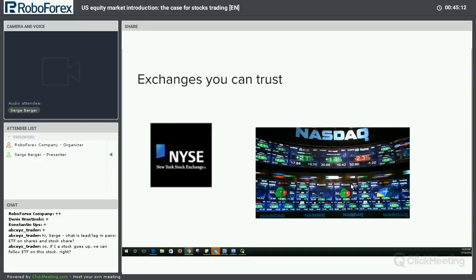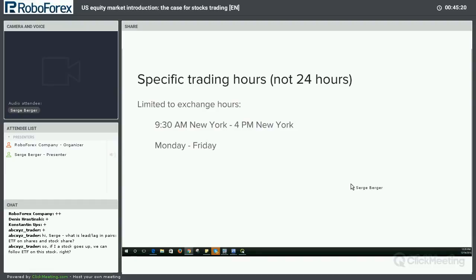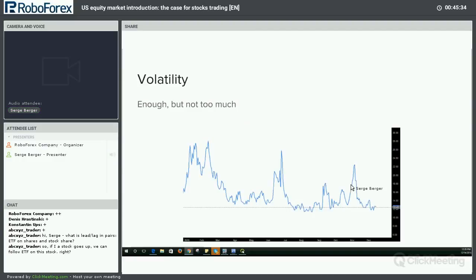The New York Stock Exchange composite being one of them. The Nasdaq composite being another. We can break the U.S. stock market hours down into very well-defined hours. The market is not open 24 hours a day. It is open from 9:30 New York City time to about 4 p.m. New York City time. Then we have volatility.